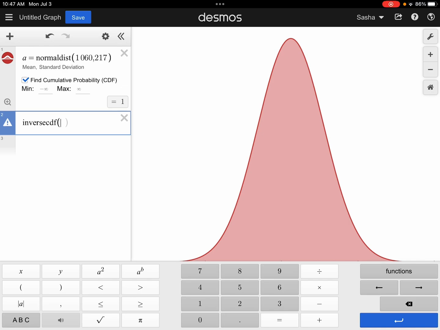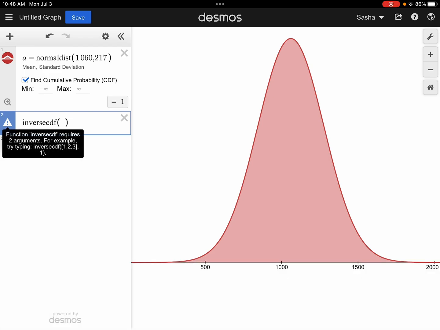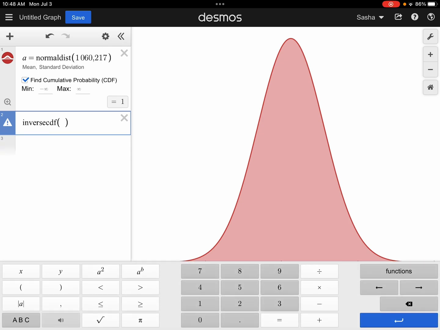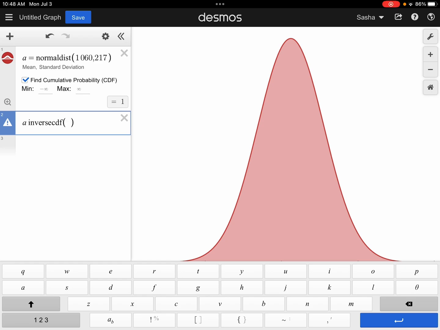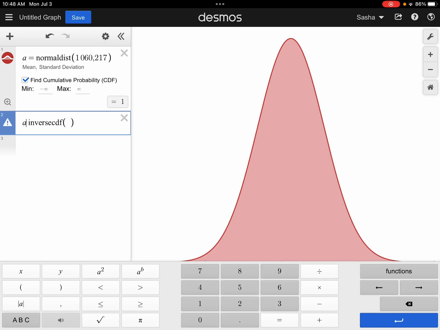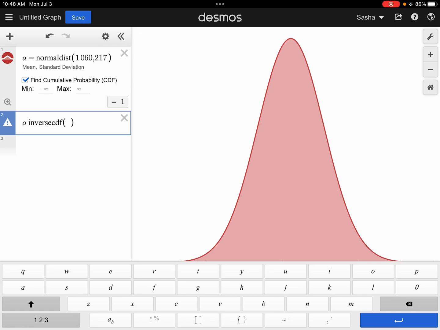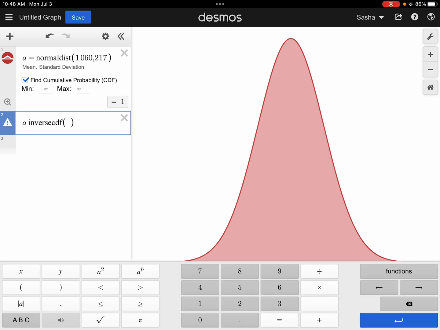If I just type that in, I get a question mark or an exclamation mark because it has a problem. I need normal curve information here, which is why I named my normal curve above. Notice I named mine A. So I type A and then a period.